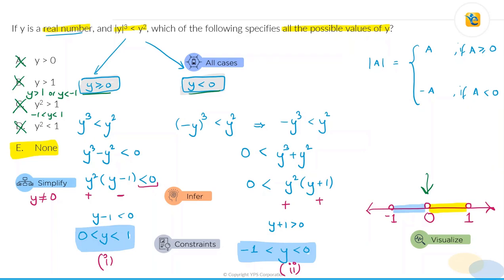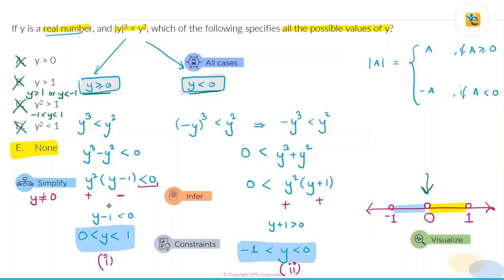So you saw in this solution how at different steps I used different process skills to get closer to my answer. Started with considering all the cases, then I simplified the inequalities I had, and then I inferred the sign of y minus 1 and y plus 1 using our conceptual understanding of what y squared is, how it is always non-negative.